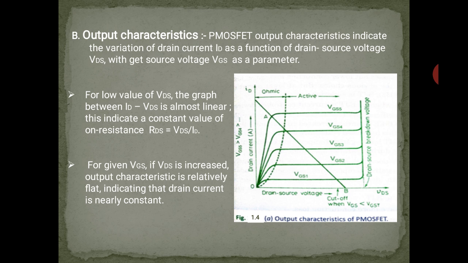This indicates a constant on resistance RDS equal to VDS upon ID. For given VGS, if VDS is increased, output characteristic is relatively flat. You can see in the diagram that drain current is nearly constant.